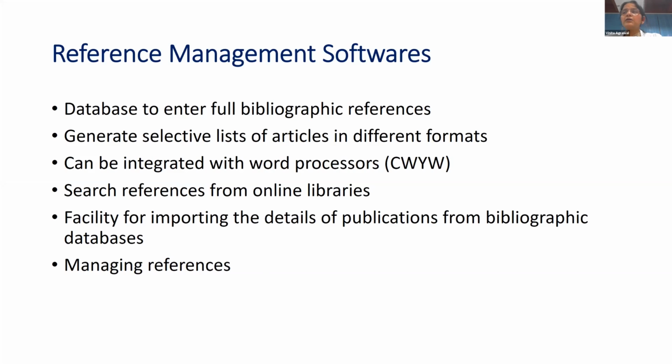It can generate a lot of lists of these articles in different formats. And one of the most important aspects of a reference management software is that it can be integrated with word processors. If you're writing an article in a Microsoft document, you can keep on inserting your references in the document itself. And this is what is known as cite while you write.